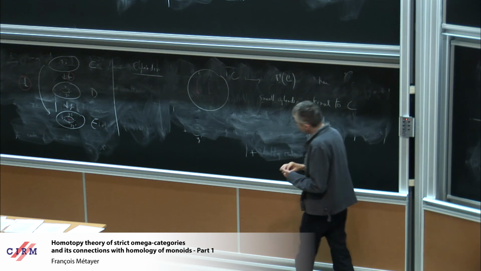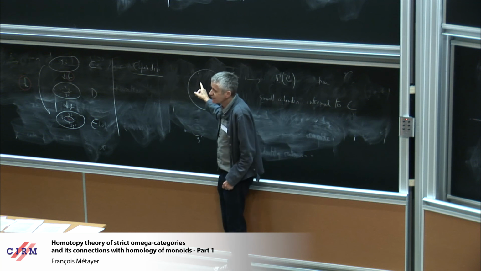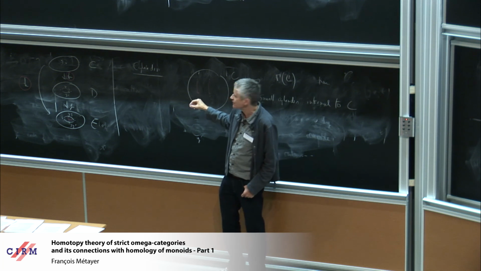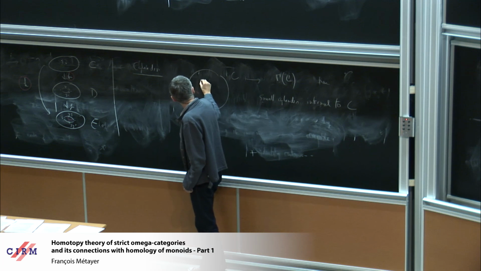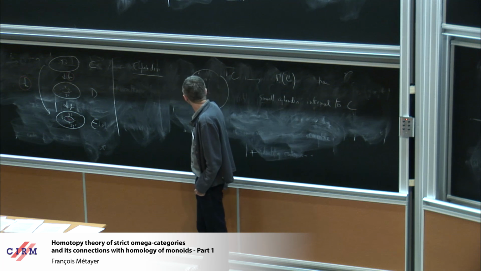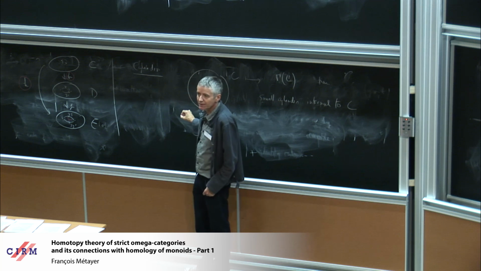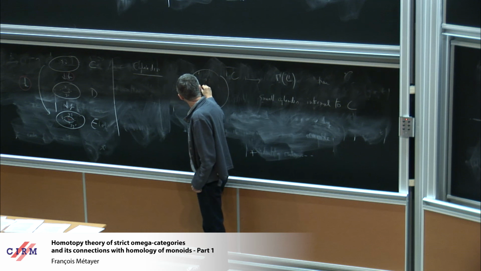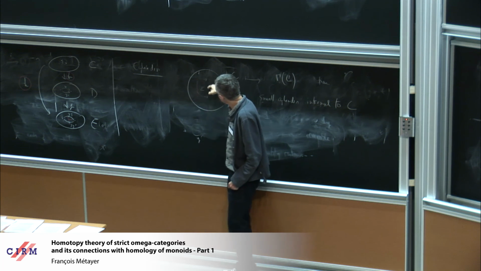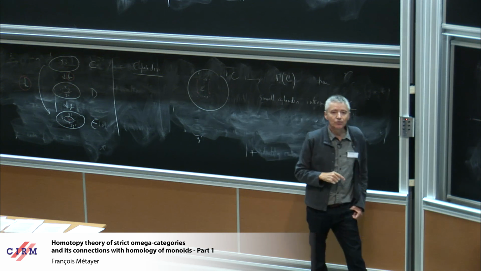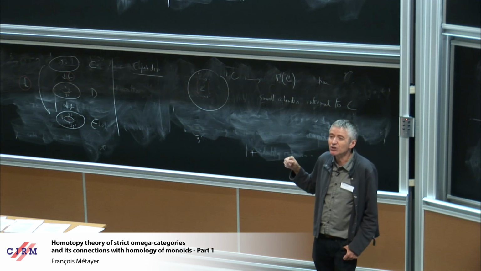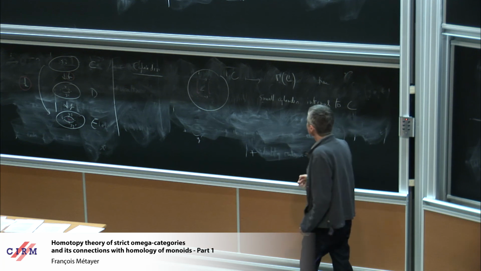And to get the idea of a one cylinder, what's a one cylinder? It's the data of a cell here, and a two cell connecting the two borders here. So that's a cylinder of dimension 1.